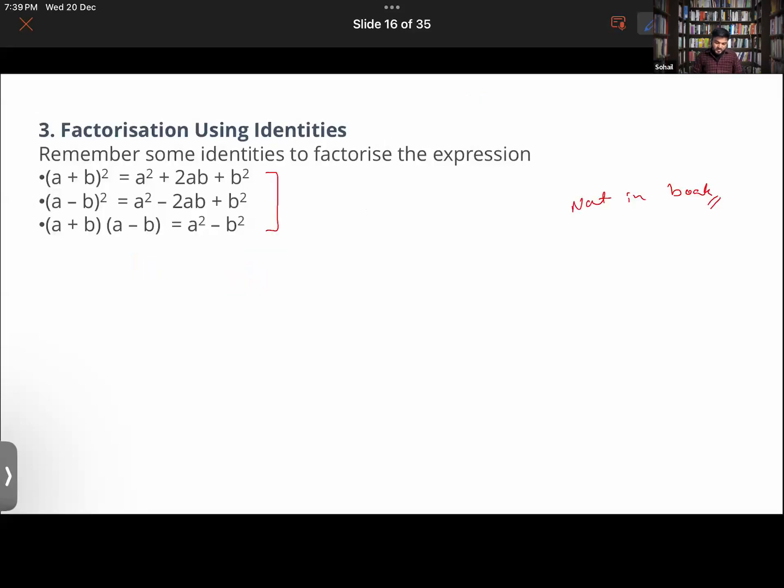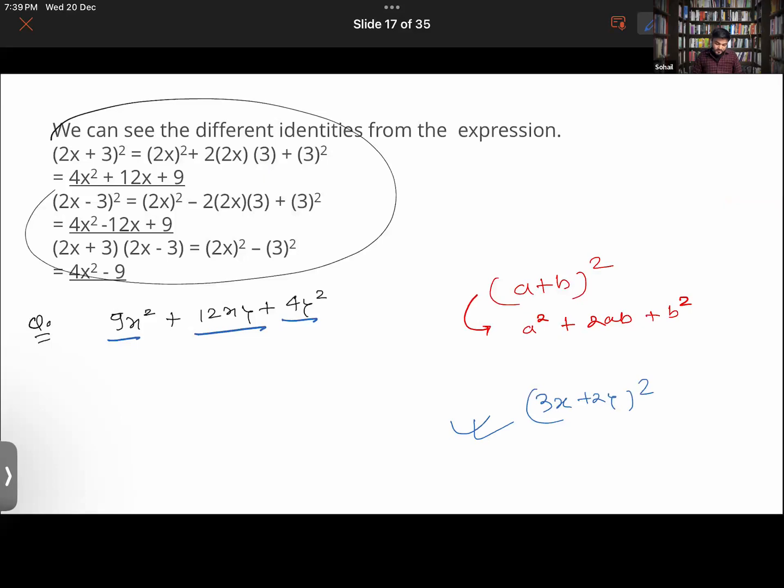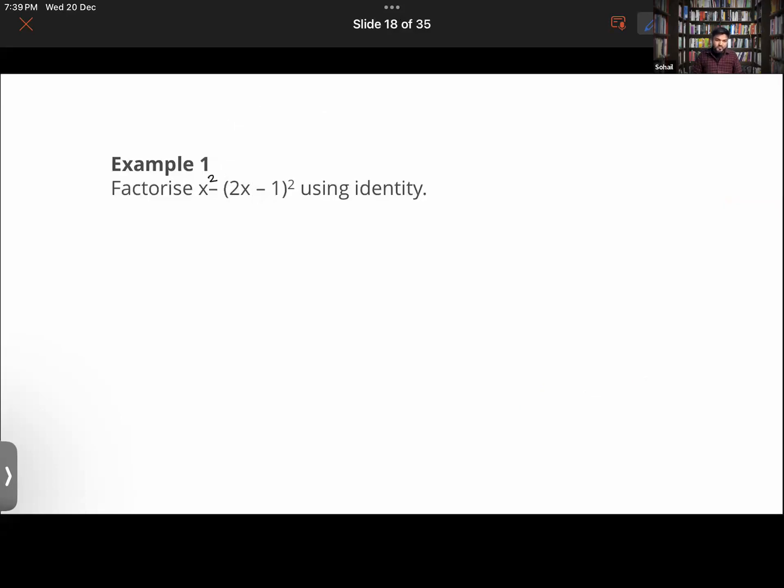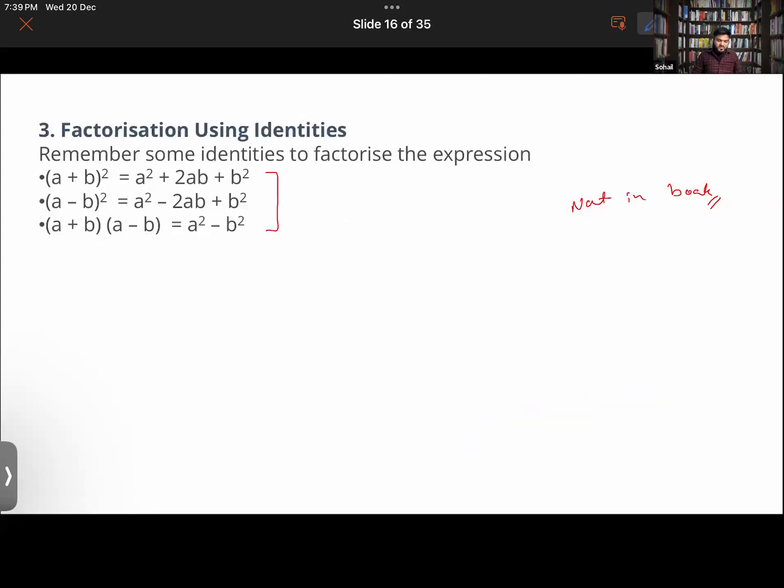There was one more: x plus a into x plus b. In factorization we didn't use that, but just for the sake of knowing, in the chapter on algebraic expressions we studied that one also.